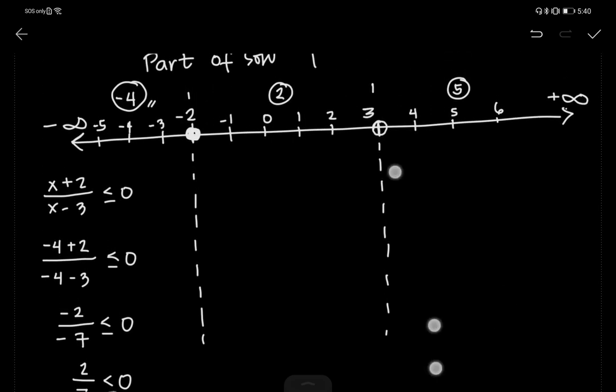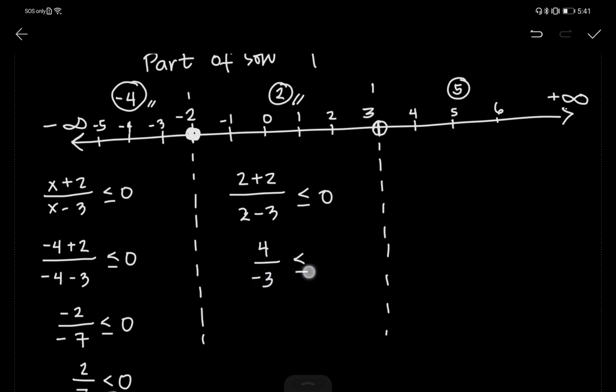This one naman, yung kinuha natin na 2, substitute naman natin sa original given inequality. So here, 2 plus 2 all over 2 minus 3 less than or equal to 0 ba? So we can have here 4 over 2 minus 3. So this is equal siya sa negative 3.